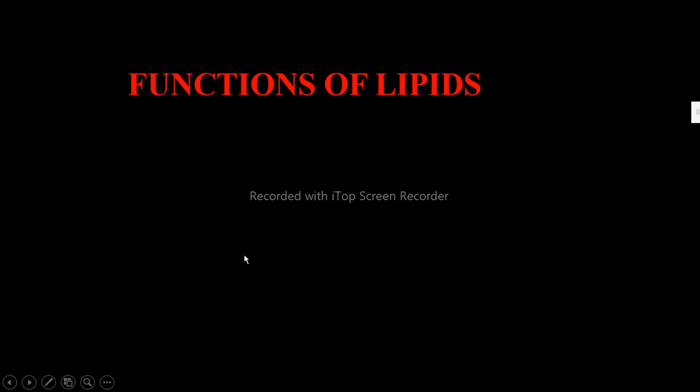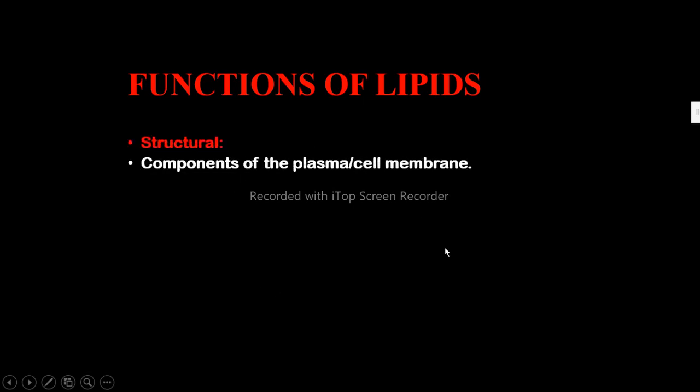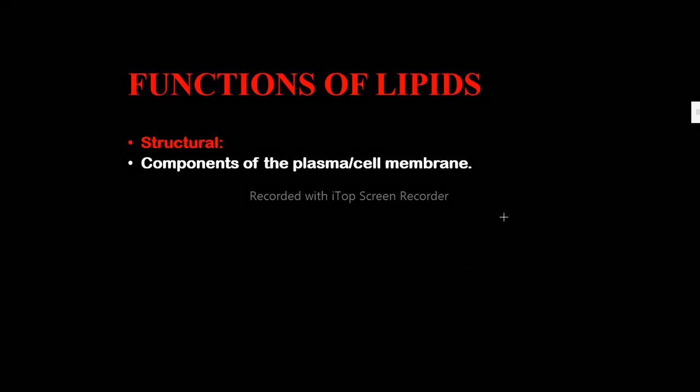If we begin with the structural functions, they are components of the plasma membrane, and you gave this. You know that the plasma membrane is a double layer of phospholipids, and these phospholipids are lipids.